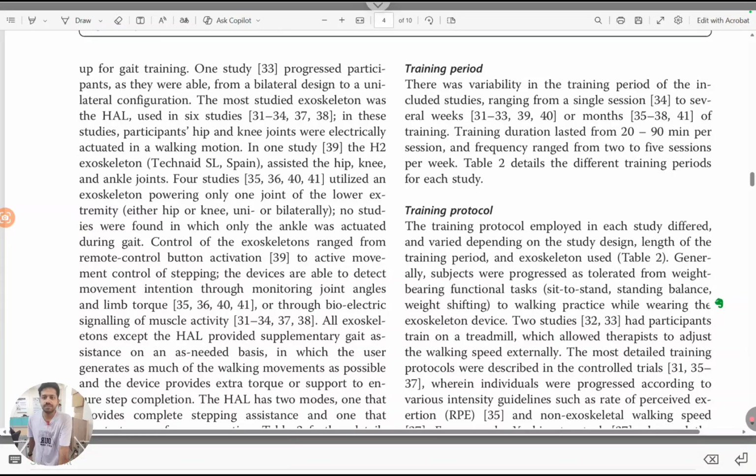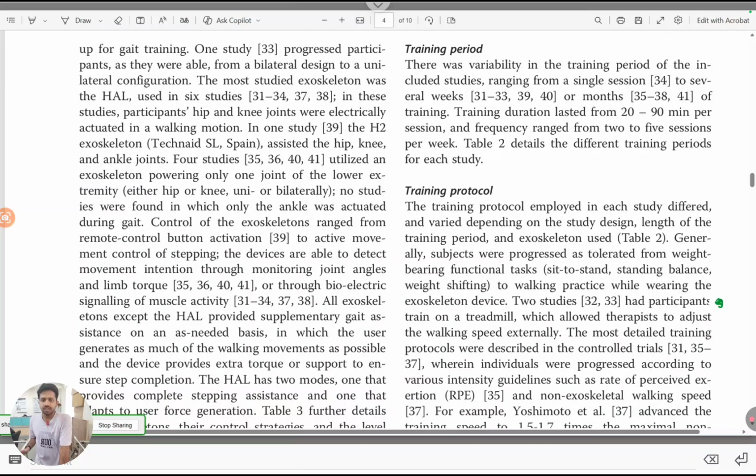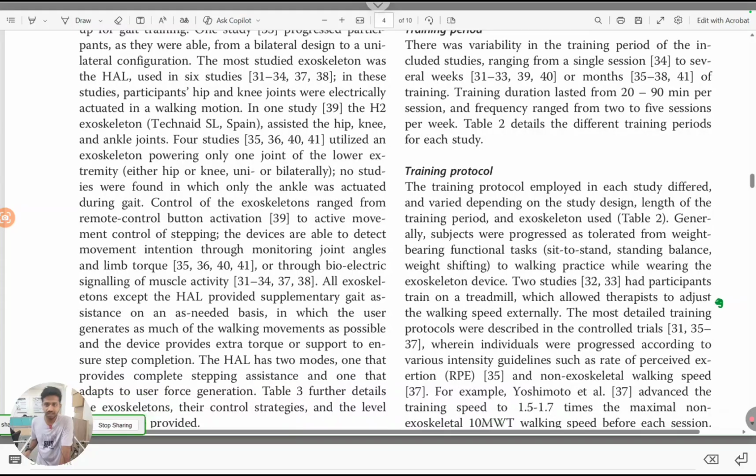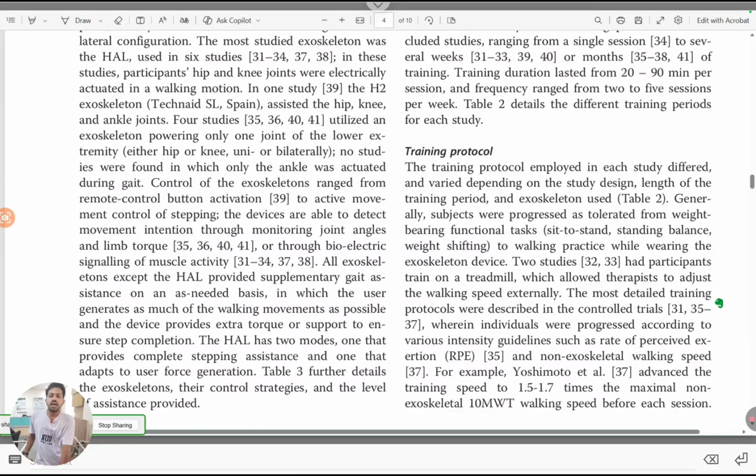All exoskeletons except the HAL provided some supplementary guided assistance on an as-needed basis, in which the user generates as much of the walking movement as possible, and the device provides extra torque or support to ensure step completion.